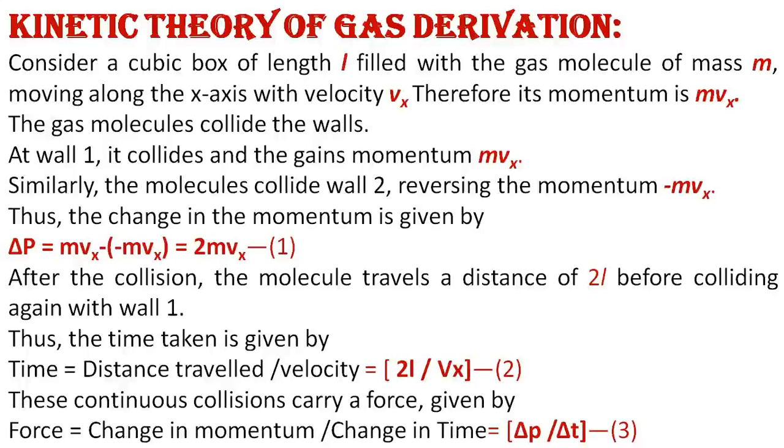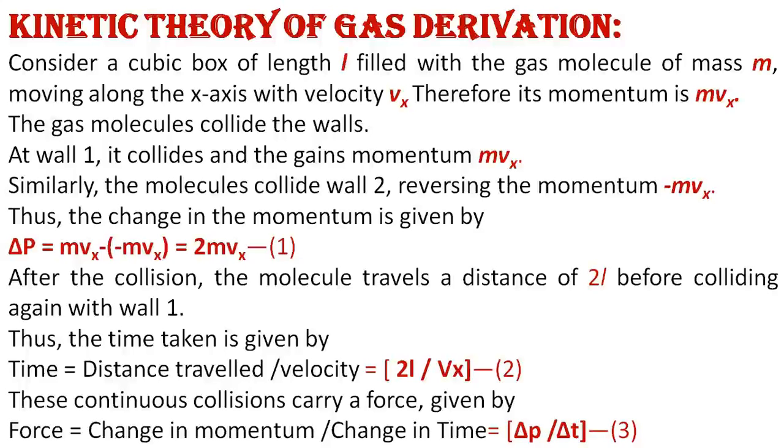Therefore, its momentum is mvx. The gas molecule collides with the wall. At wall 1, it collides with momentum mvx. Similarly, the molecule collides with wall 2, reversing the momentum to minus mvx.